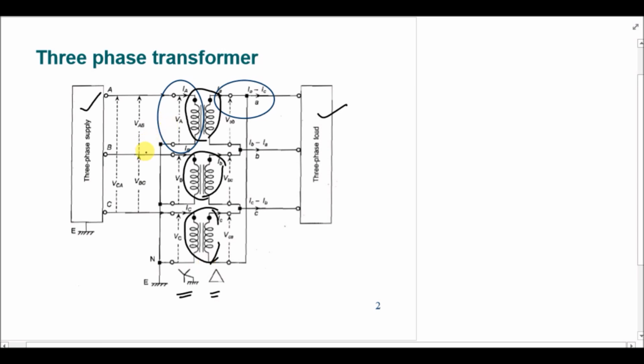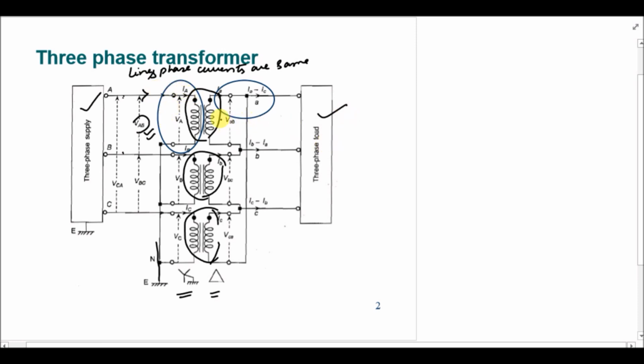As the primary is connected in Y, we have two different voltages: line to line voltage, between two phases such as AB, and line to neutral voltage, between a single phase and the ground, which is this common connection. In Y connection, the line and phase currents are the same. It can be seen from this diagram that the line current is IA, and that same current is passing through the winding as well.